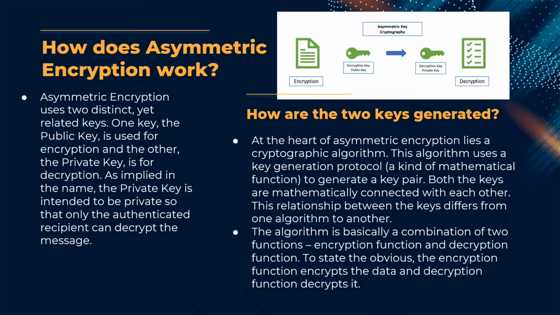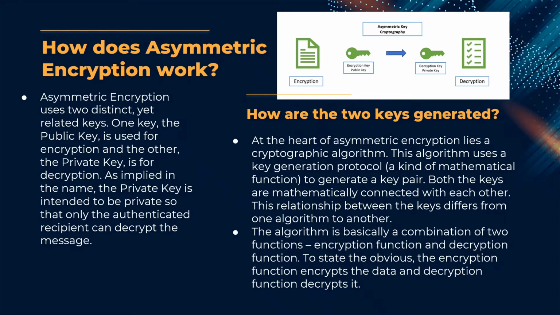At the heart of asymmetric encryption lies a cryptography algorithm. This algorithm uses a key generation protocol to generate a key pair. Both the keys are mathematically connected with each other. The relationship between the keys differs from one algorithm to another.